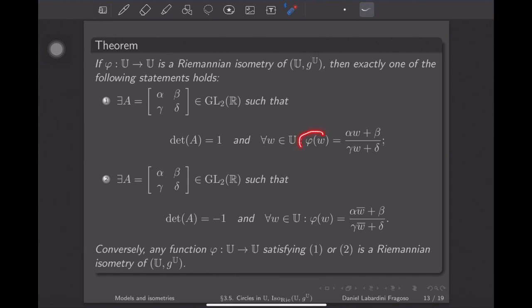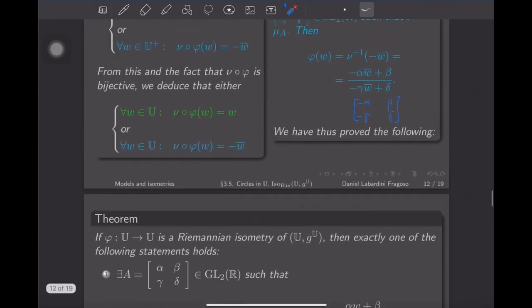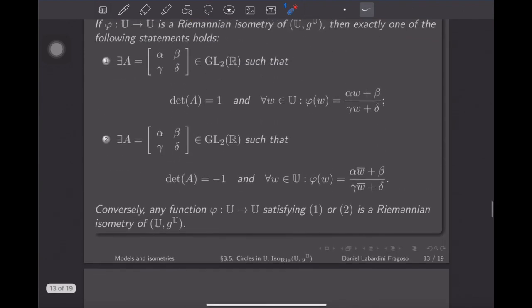Either the Riemannian isometry is just a Mobius transformation in PSL2R, so just a Mobius transformation preserving U bijectively, coming from a real 2x2 matrix of determinant 1, or it is of the form modified Mobius transformation, but associated to a matrix of determinant -1. Right? So here, of course, I already made a change of variables, so that the minus sign is already hidden here.